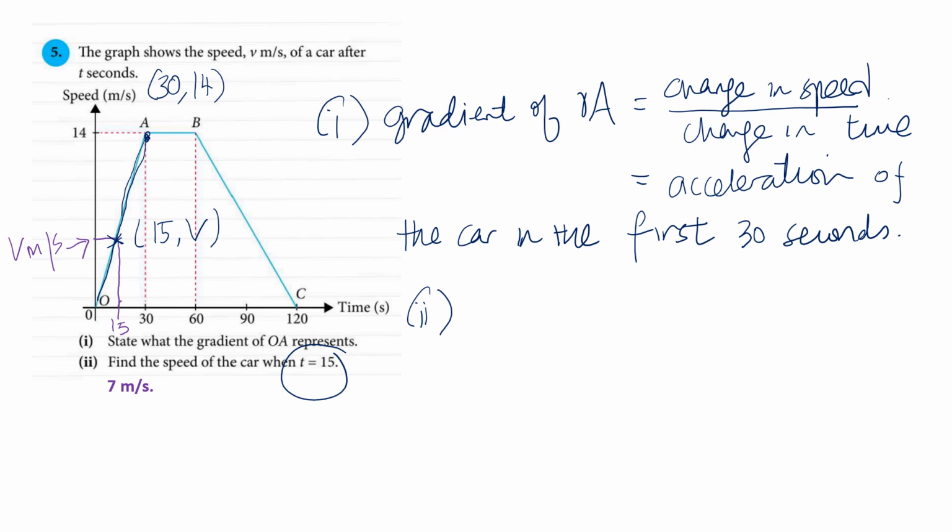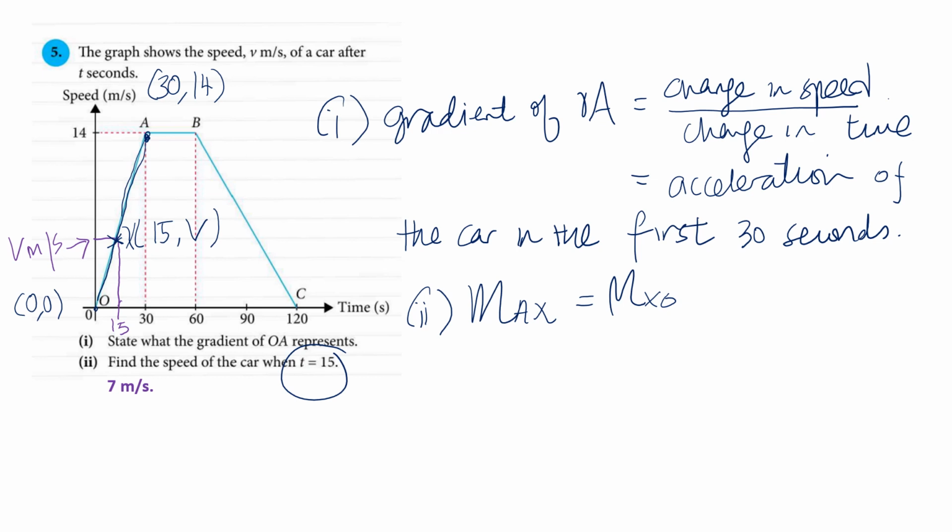And the origin, where x coordinate is 0 and y coordinate is 0. We're going to call this point X. So the gradient of AX will be the same as the gradient of XO, because we're talking about the same line. Any line segment joining 2 points will have the same gradient.